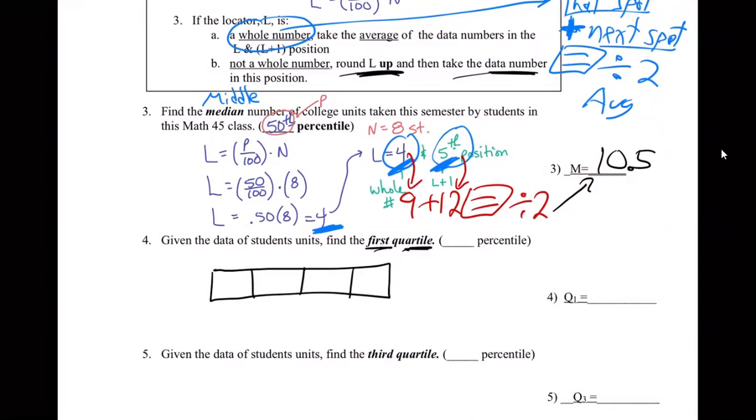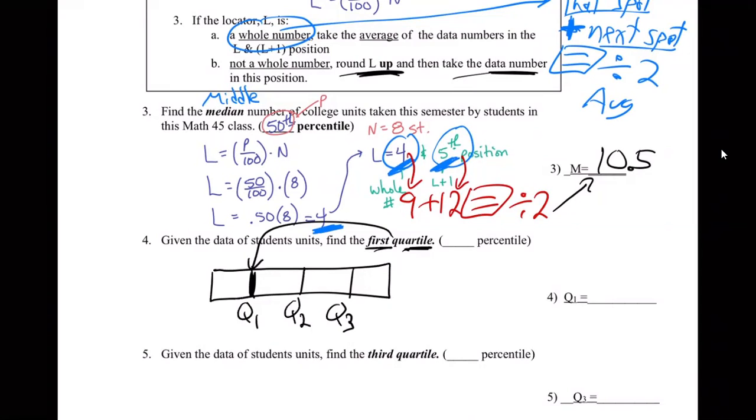And we call Q1 the end of the first quarter, Q2 the end of the second quarter, Q3 the end of the third quarter. So when we say the first quartile, we mean right here, the end of the first quarter.